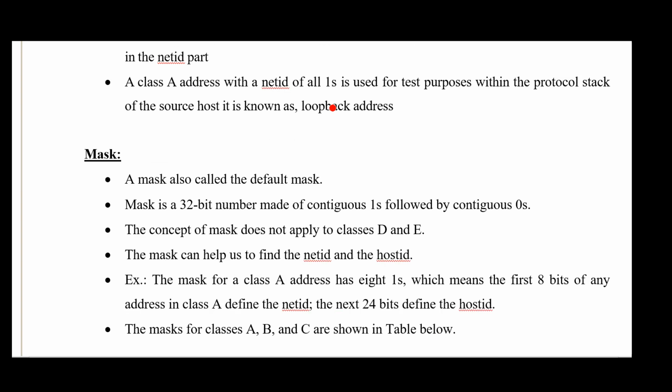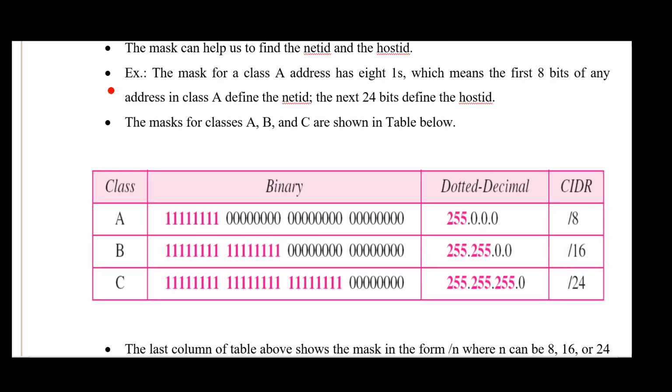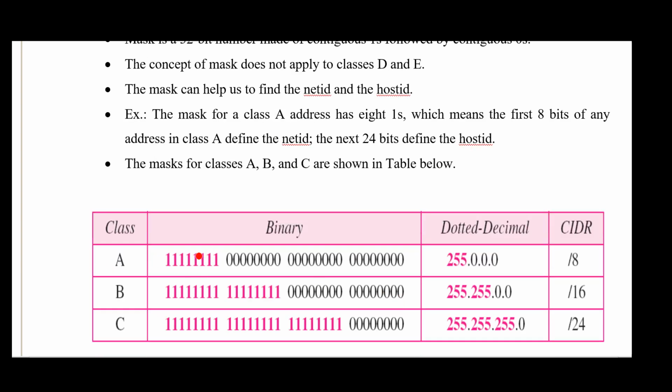Okay, so to find out a network address from a given IP address, we make use of masking. The mask will contain a number of ones and only zeros. You can see here class A will have 8 bits of ones, therefore this is the mask. Remaining host bits are 0. When I multiply any IP address with this mask, I will be left with only the first 8 bits.